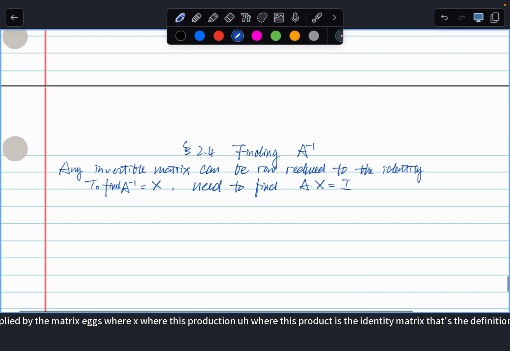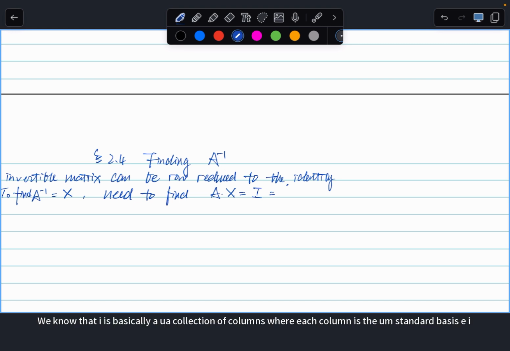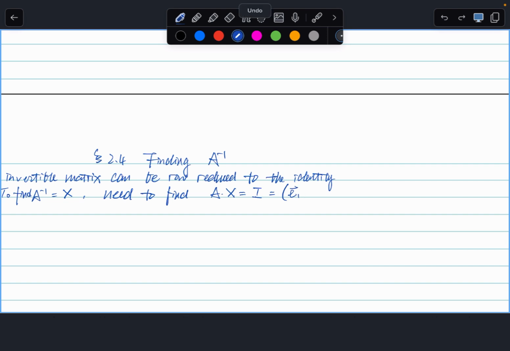That's the definition of the inverse. And we know the I is basically a collection of columns where each column is the standard basis, ei.